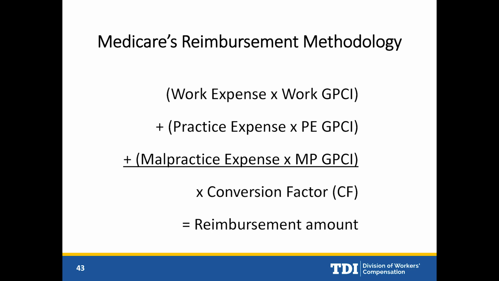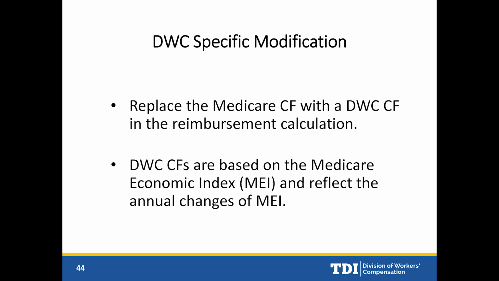We use the same methodology. Our medical fee guideline for professional services uses the same methodology. However, we replace the Medicare conversion factor with the division conversion factor in that calculation. Now, the division conversion factors are based on the annual changes in the Medicare Economic Index, or the MEI.